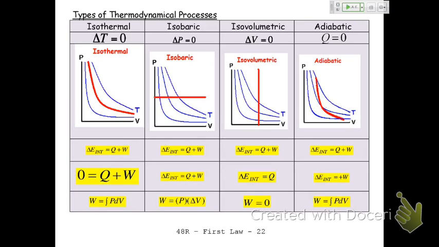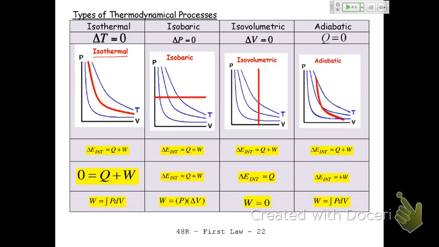There are four that I want you to know about. If we talk about an isothermal change, it means thermal, basically temperature. An isothermal change follows one of these isotherms. For an isotherm, there's no change in temperature, and we linked changes in temperature to changes of internal energy.